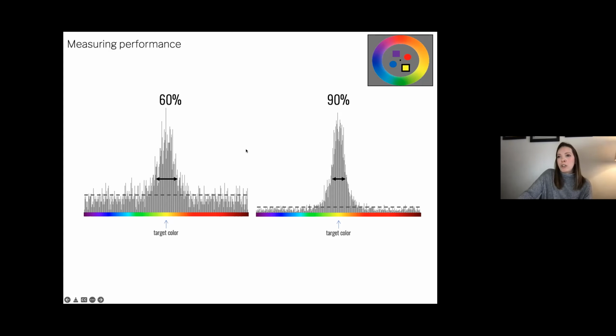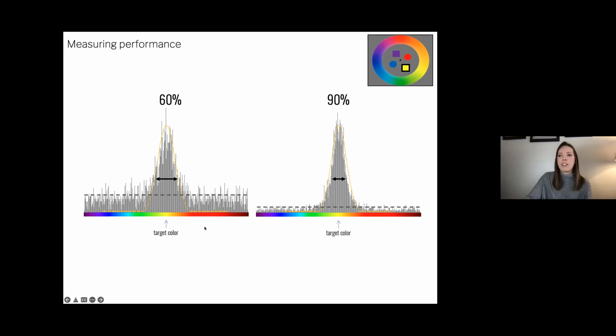Then you can isolate the distribution that reflects correct color responding, which is in yellow here, and once you've isolated that correct distribution, you can evaluate the standard deviation of that distribution.